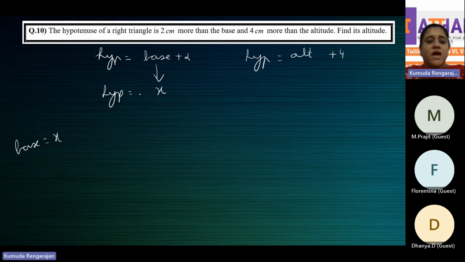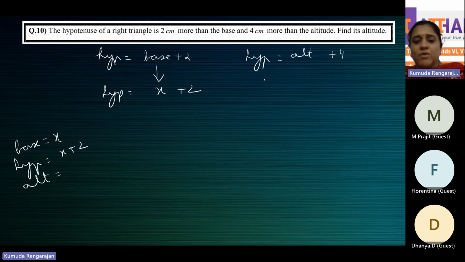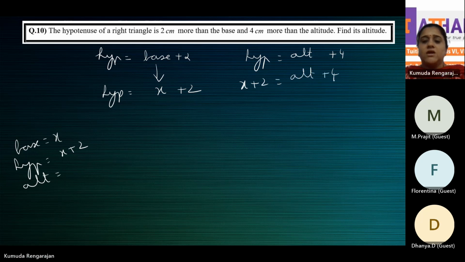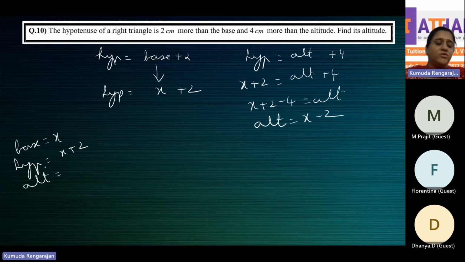The hypotenuse will be x plus 2. Now we need to find the altitude. Substituting for the hypotenuse, x plus 2 is equal to altitude plus 4. When you transpose, x plus 2 minus 4 is equal to the altitude, so altitude is equal to x minus 2.